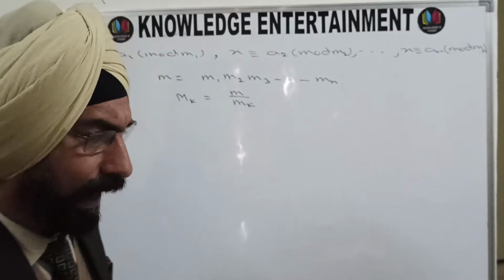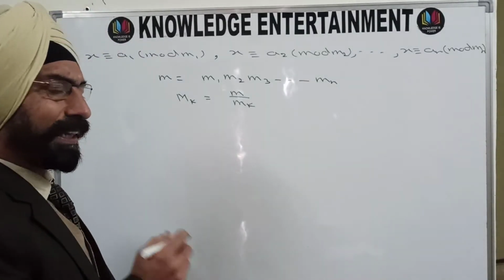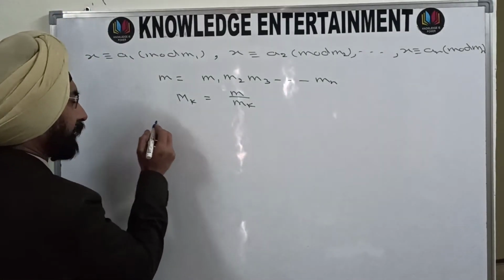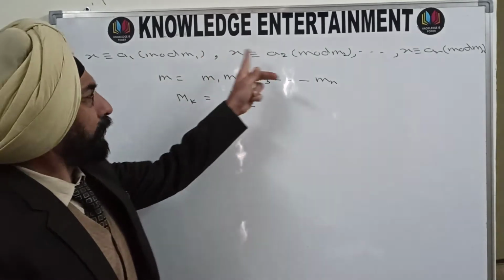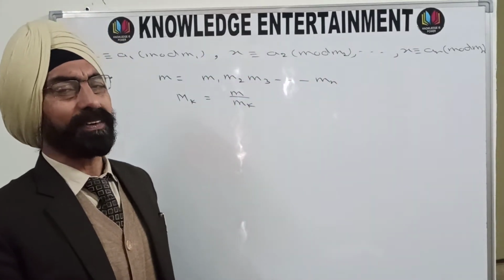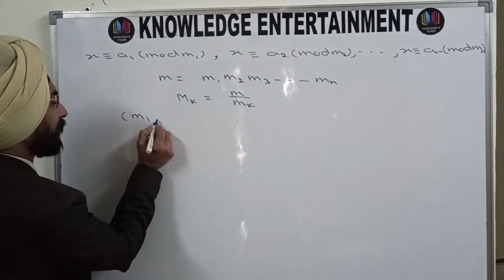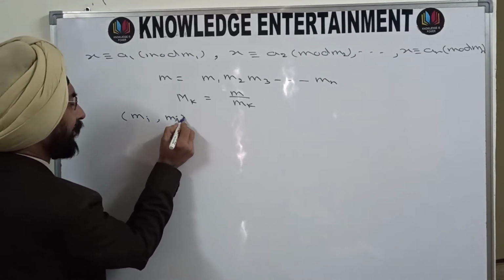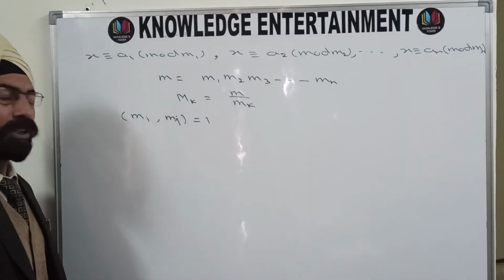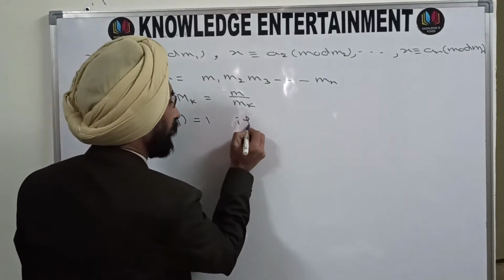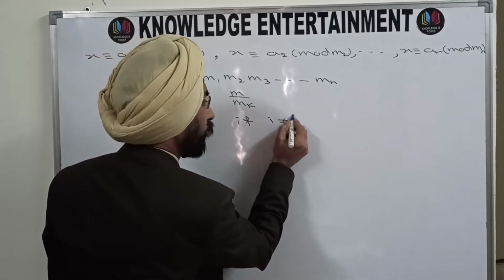After defining Mk, one thing you must note: we are given that these mi's are relatively prime in pairs. That means if you take any two, mi and mj, then their GCD is 1 if i is not equal to j.